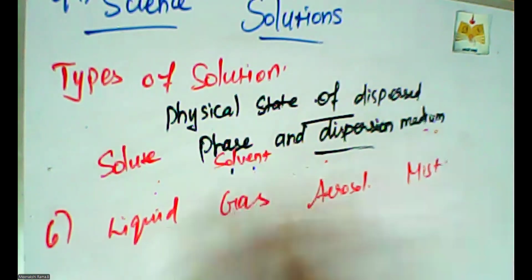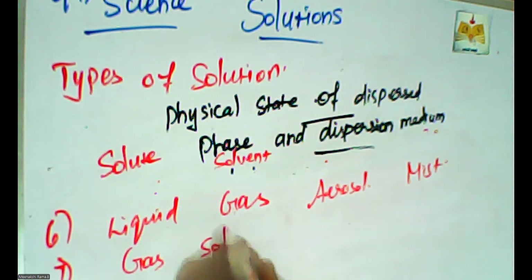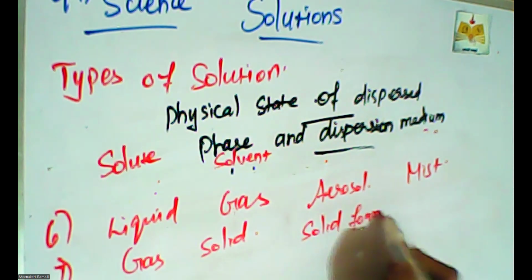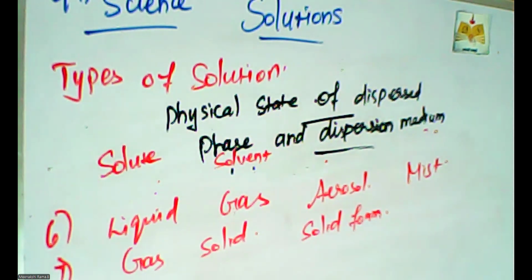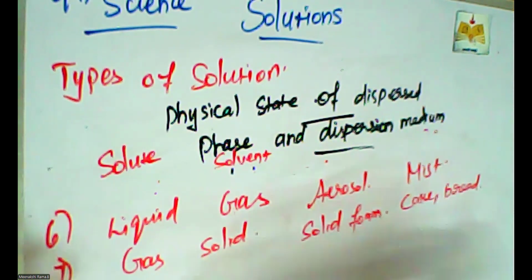Mist is a good example of a liquid-gas mixture. And then the seventh category, gas and solid. Gas and solid mixture is called solid foam. Examples are cake and bread.